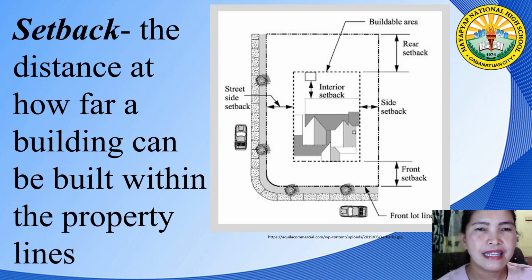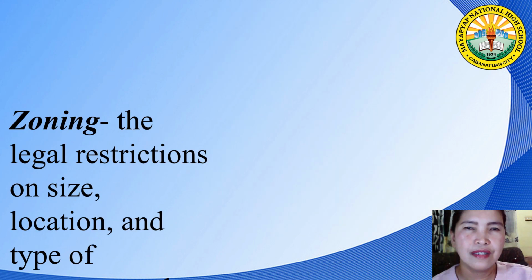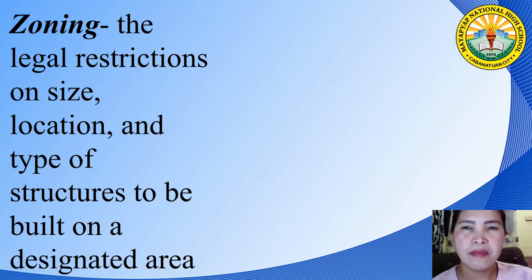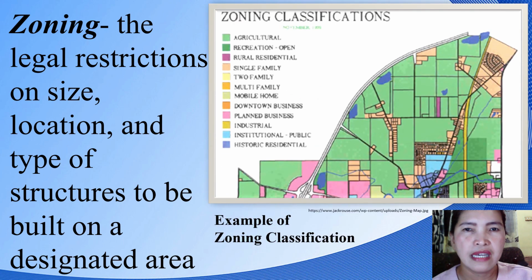Setback, the distance at how far a building can be built within the property lines. Zoning is a method of urban planning in which a municipality or other tier of government divides land into areas called zones, each of which has a set of regulations for new development that differs from other zones.